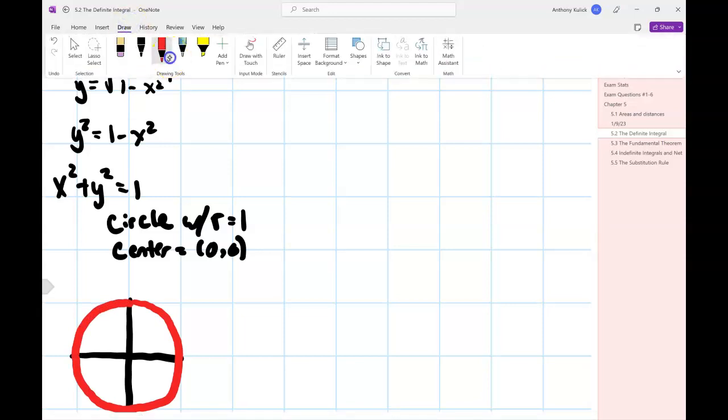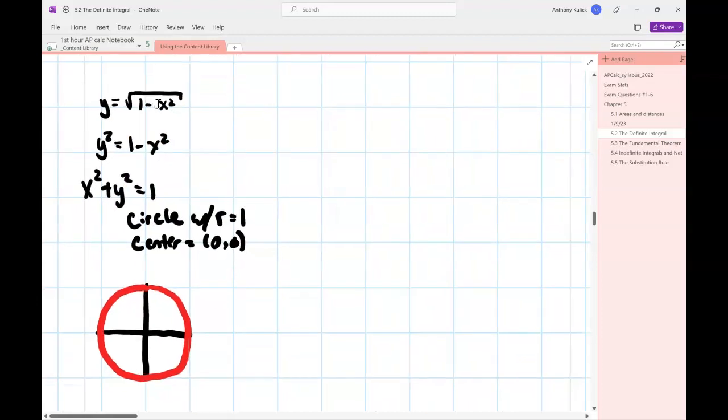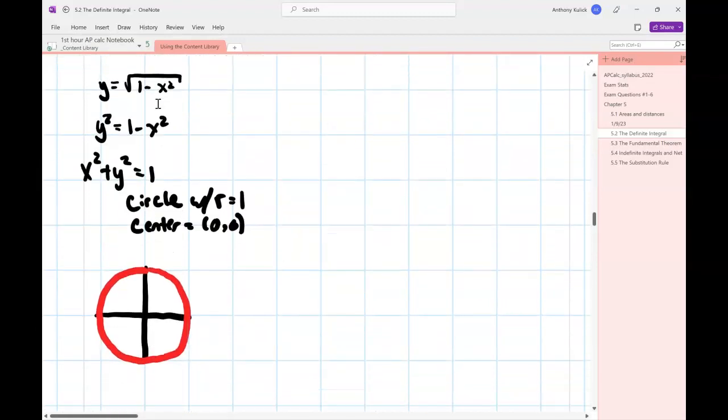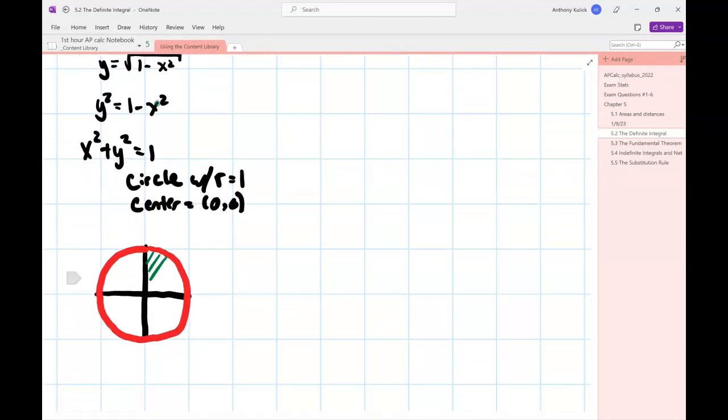And if I'm looking at the area under the curve from x equals 0 to x equals 1, I'm really just looking at this area.